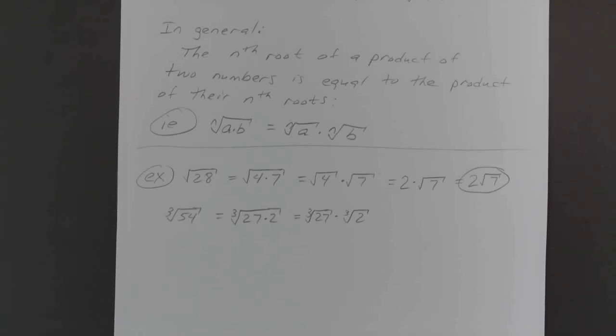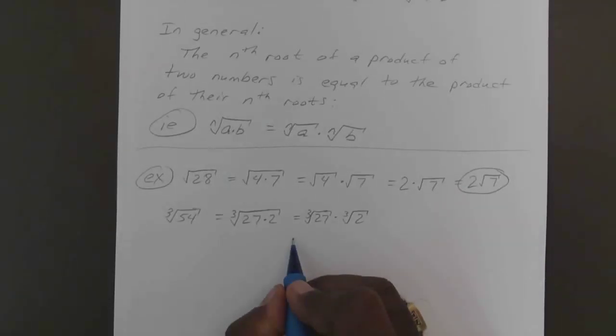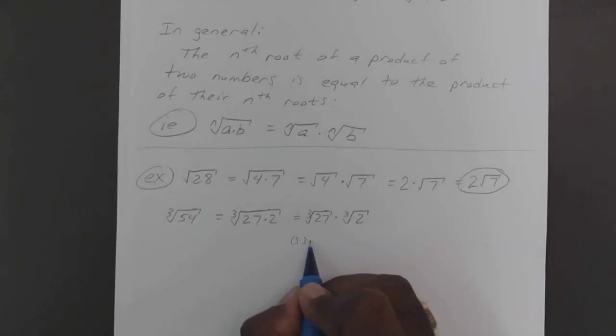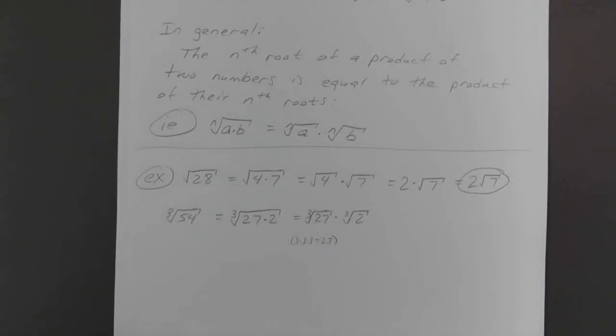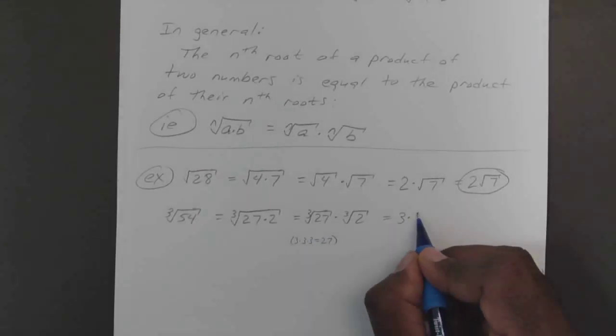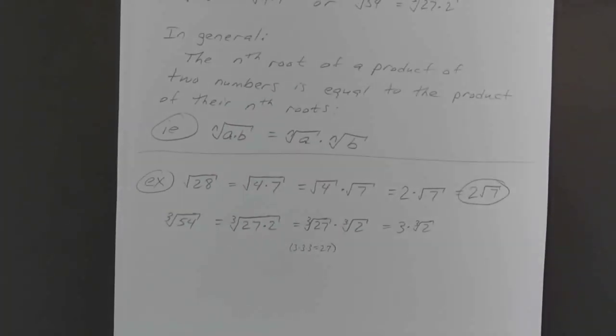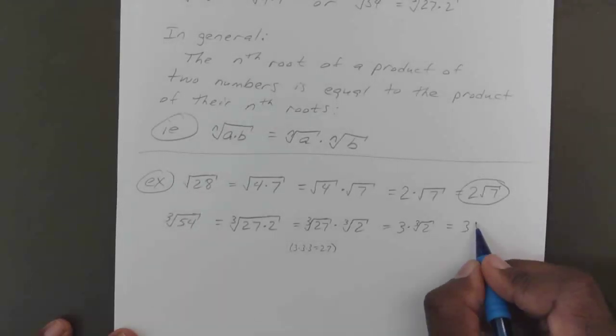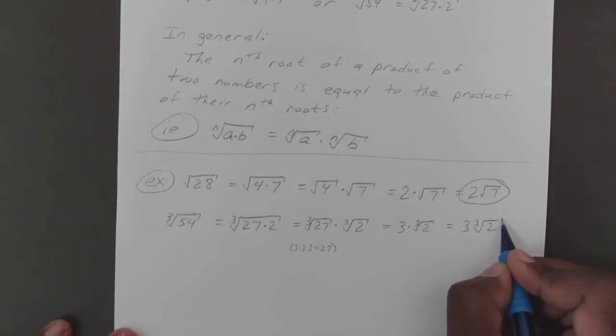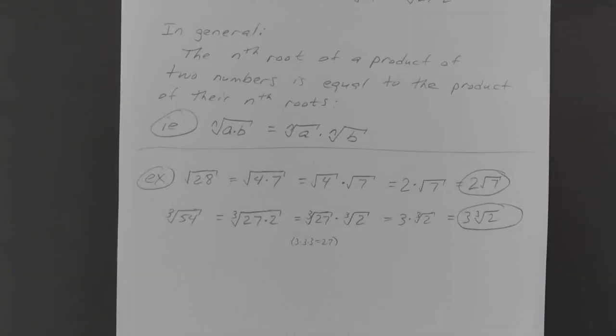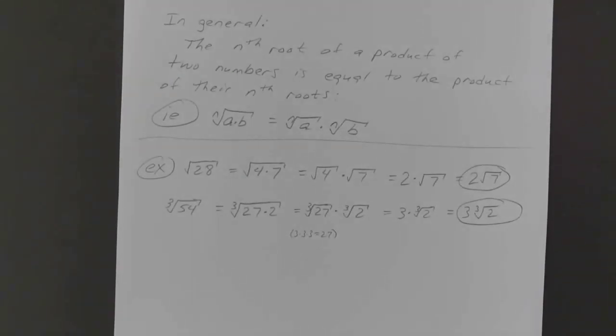Okay. So we know 3 times 3 times 3 is 27. So that gives us 3 times the cube root of 2. Now, cube root of 2 can't really be simplified, so that's just 3 cube root of 2. All right, any questions on that one?